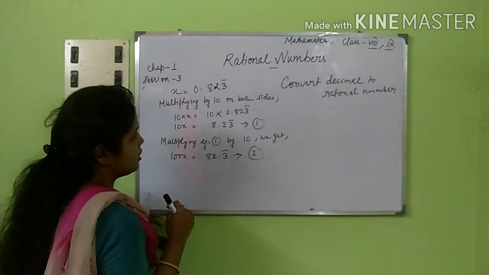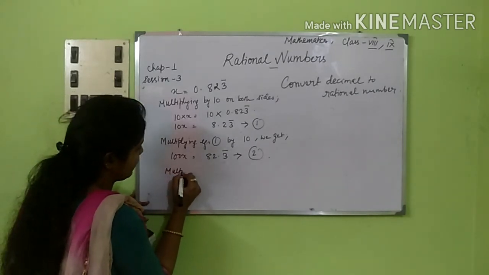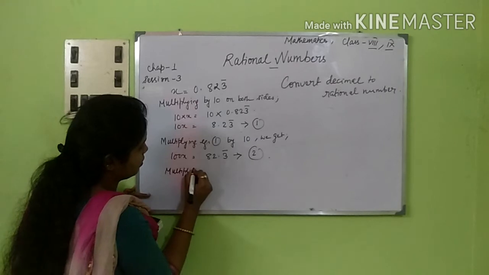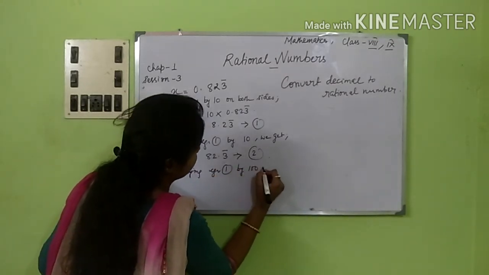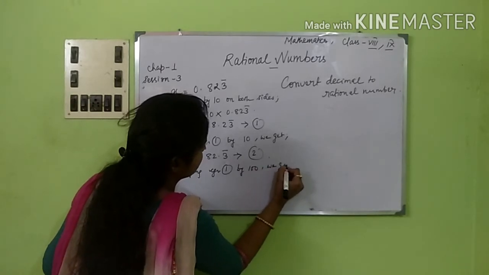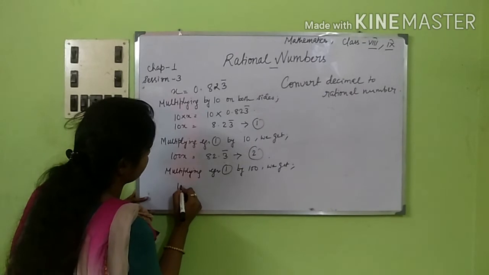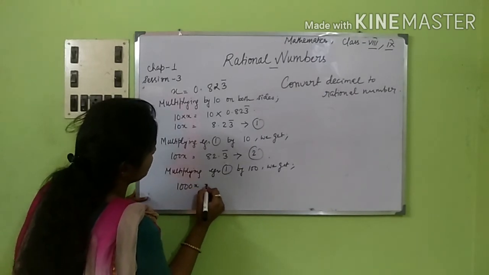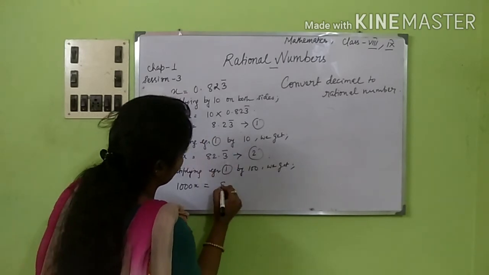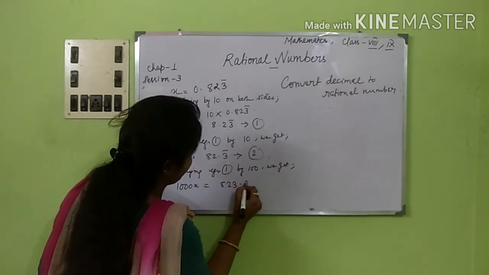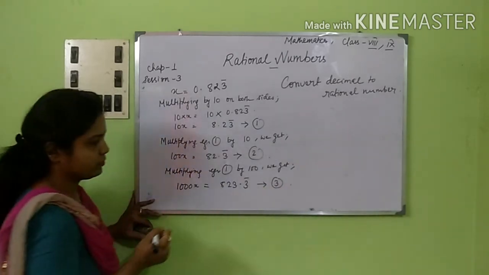So let's do one thing, let us multiply by 10 once more. Multiplying equation 1 by 1000, we get 1000x equal to 823.3 bar, that is equation number 3.